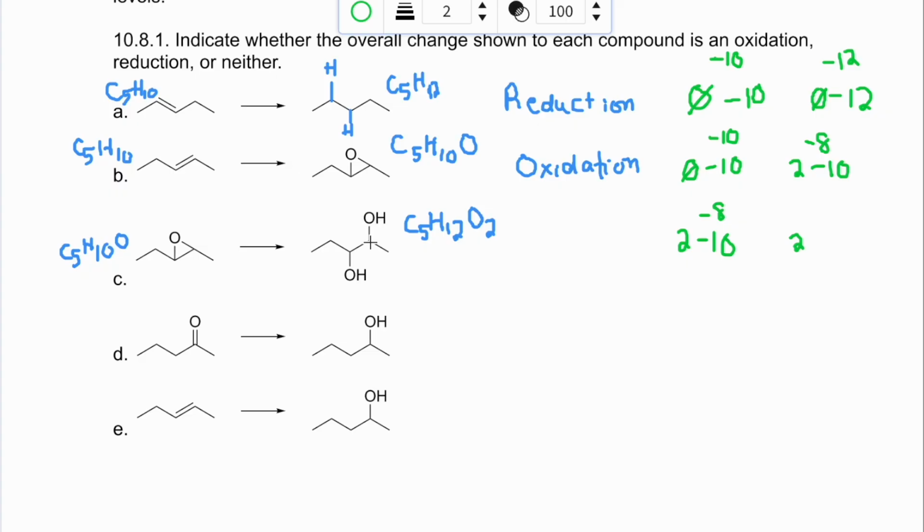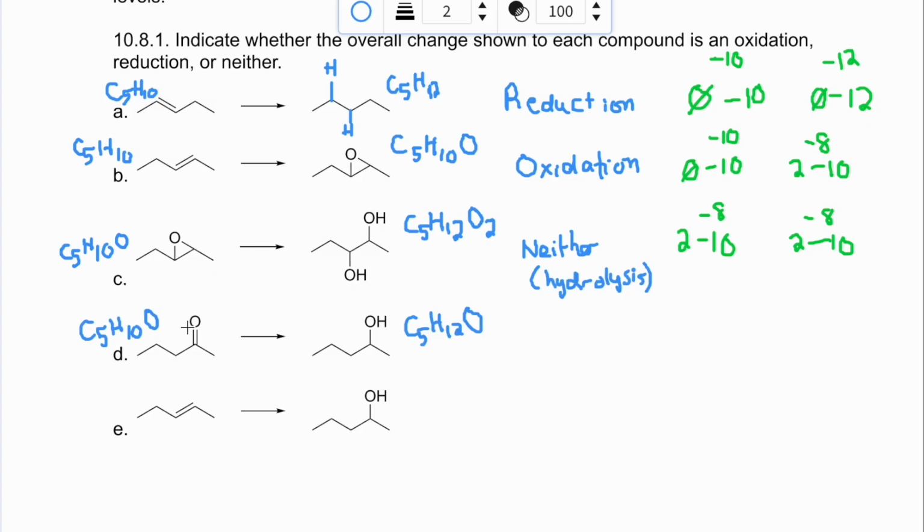And then we can't really count these 2 hydrogens that are bonded to oxygens. The carbon-hydrogen bonds, we have 1 plus 3, so that we have 4, 5, 6, 7, 8, 9, 10. So we still have 10 carbons bonded to hydrogens. So we have kind of the same oxidation state. So I'm going to put this as neither. We could call this a hydrolysis.